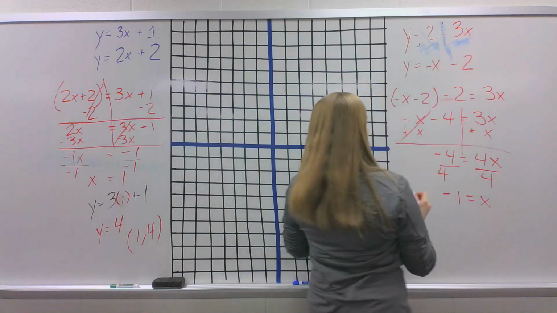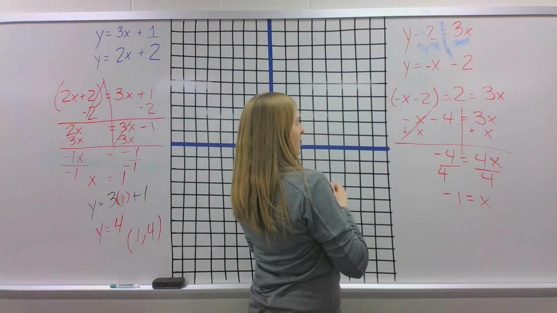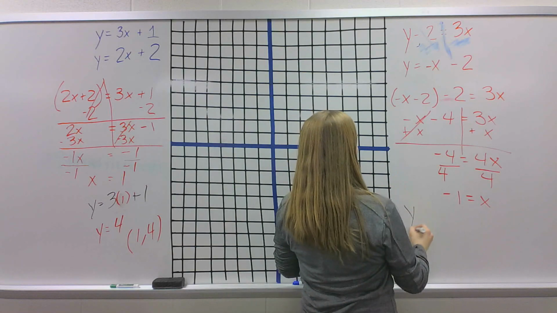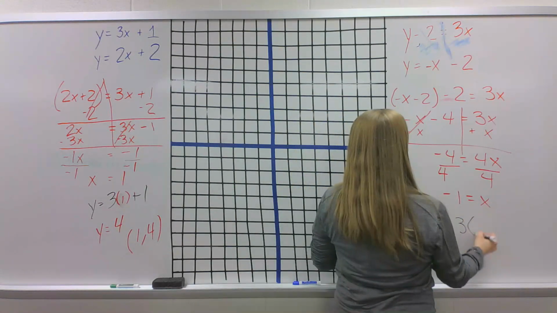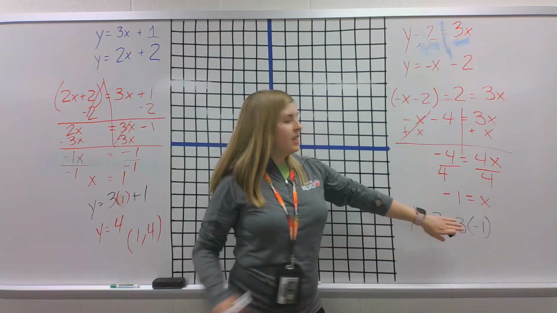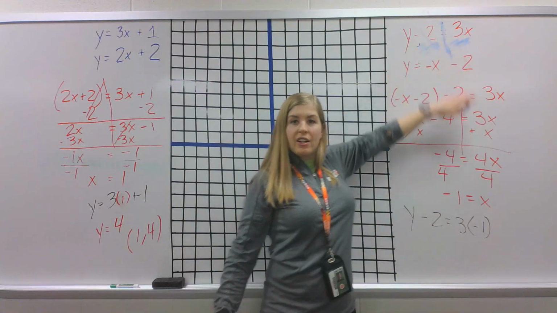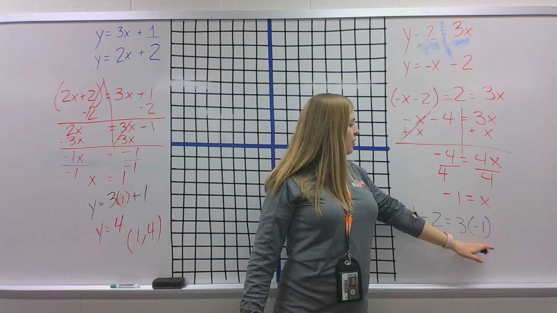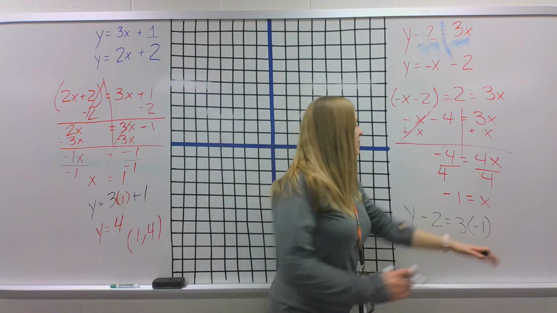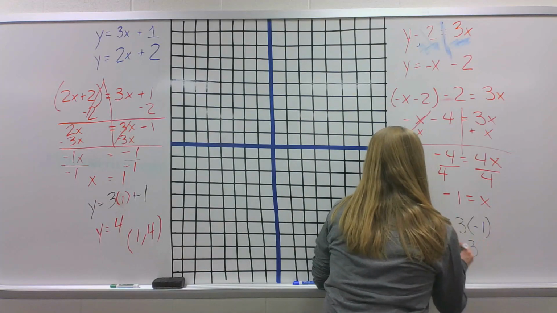So let's do this one. I plugged in negative 1 for x in our original equation. Y minus 2 equals 3 times negative 1. 3 times negative 1 is negative 3.